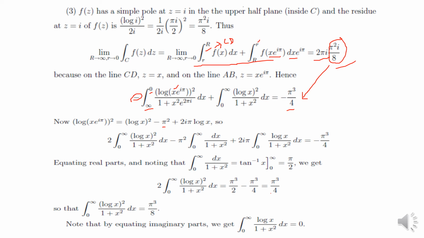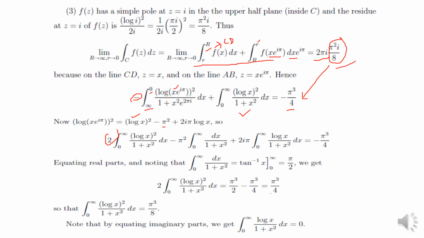And this is basically twice the integral from 0 to infinity of (log x) whole square upon 1 plus x square dx, minus pi square dx upon 1 plus x square, plus 2 pi i log x upon 1 plus x square dx over the limit 0 to infinity. It is equal to minus pi cube upon 4. This 2 is due to one from here, and another from here.